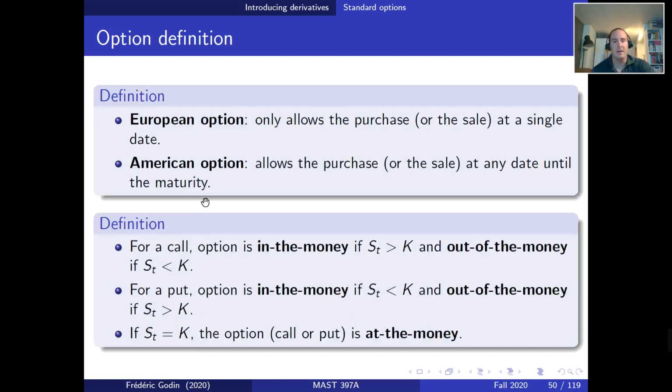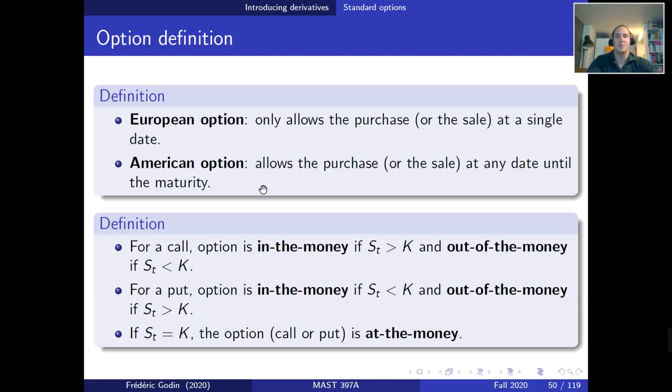So a bit of terminology. We have what we call European options and American options. European and American are not related to, let's say, a European option being sold on European exchanges. It's not related to the location of the underlying asset or where you buy the option.